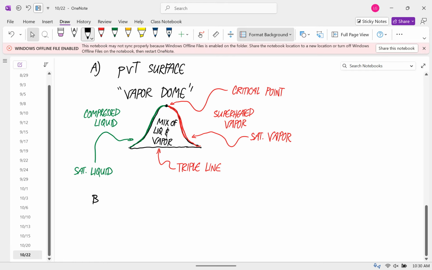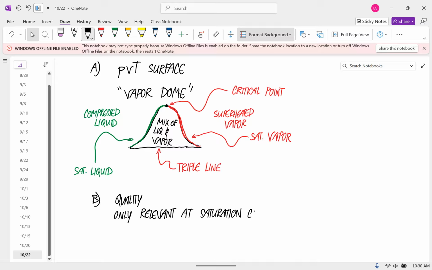And we talked about quality. Remember that quality is only relevant at saturation, maybe I'll say at saturation conditions.